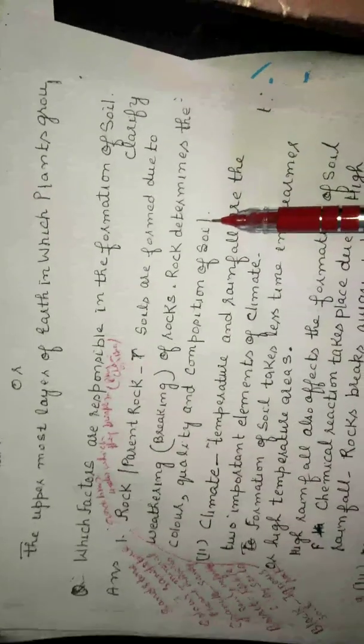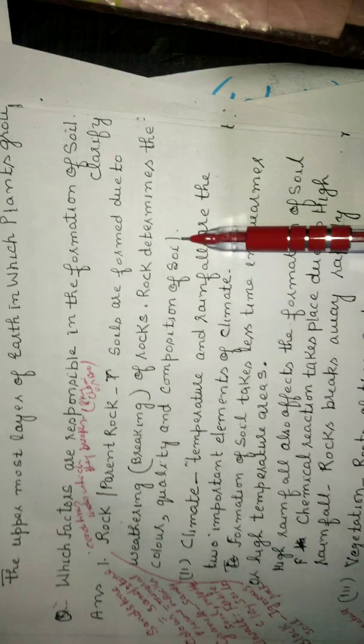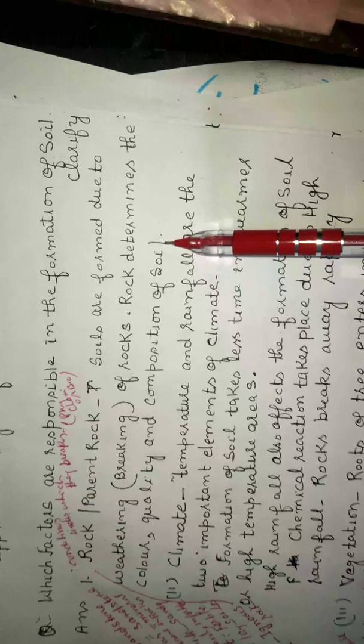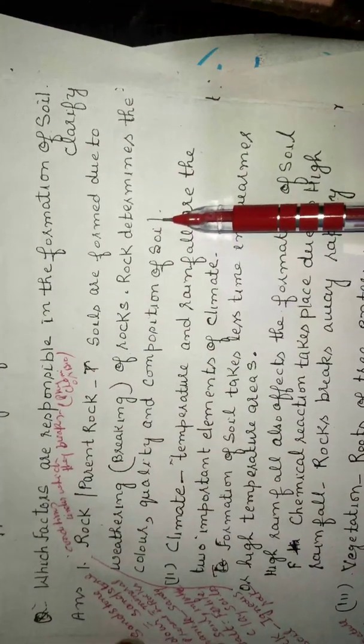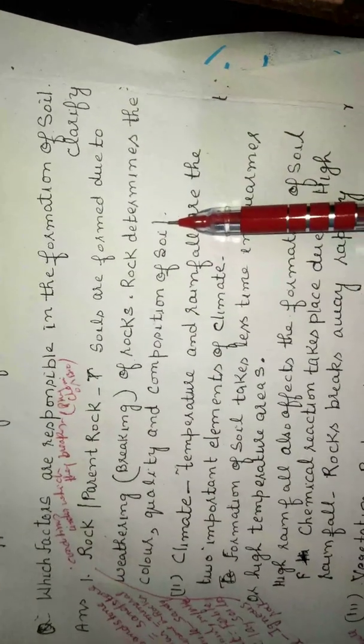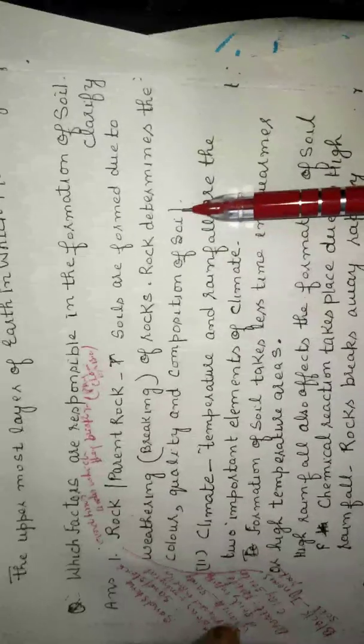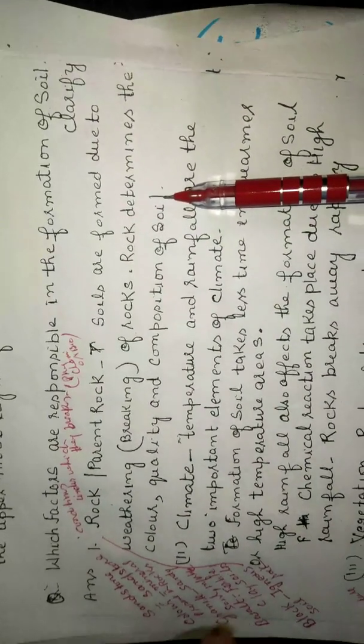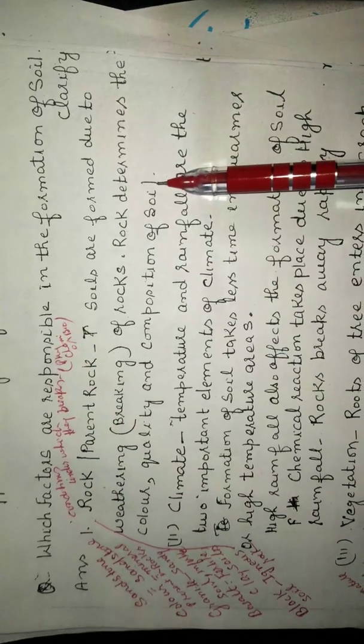I am taking here the example. From sandstone, sandy soils are formed. You know, in Gujarat and Maharashtra, black soils are found, and their parent rock is igneous rock.